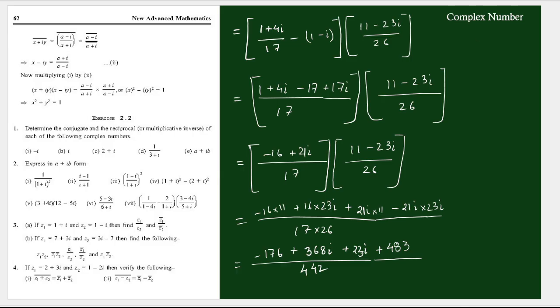Oh, this is 231i. Now, if you add them, 8 plus 1, 9, 6 plus 3, 9, 5, 599.